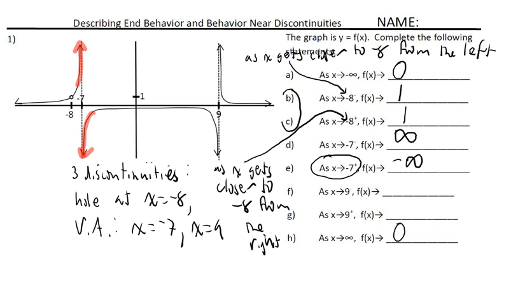I'm going down before the vertical asymptote and up after it. So this arrow is getting closer and closer to positive 9 from the left side, but y is getting lower and lower, so it's going to negative infinity. If I read this arrow, I'm getting closer and closer to positive 9 from the right side, but y is getting higher and higher. It's going to positive infinity.